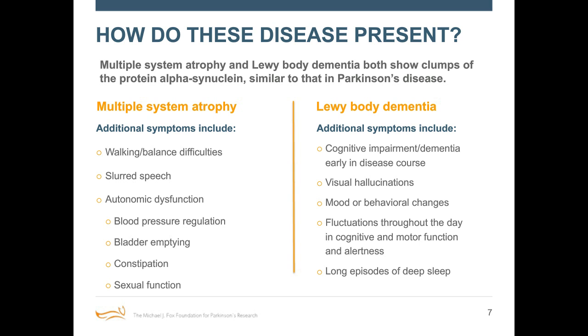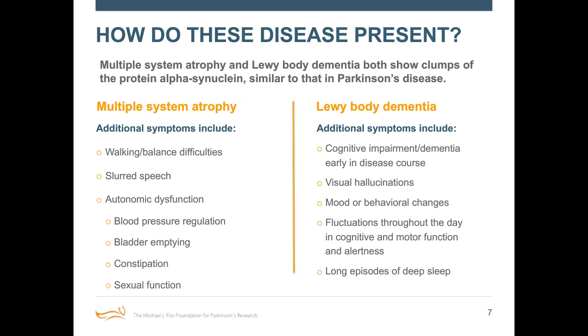And so in Lewy body dementia, as the name suggests, dementia, which is functionally limiting cognitive impairment, sets in typically at the same time, if not even earlier, than any of the Parkinsonian symptoms that we've been talking about. And so that is a major red flag for Lewy body dementia in particular.